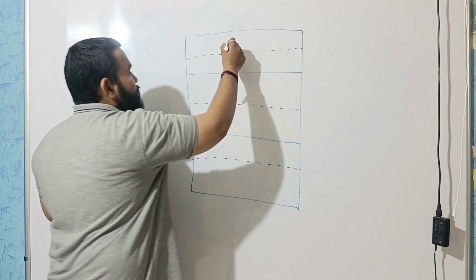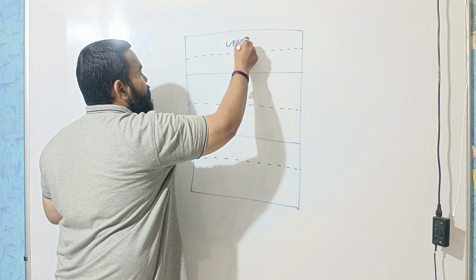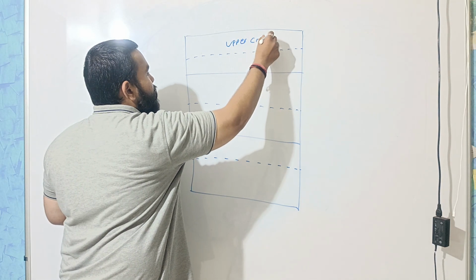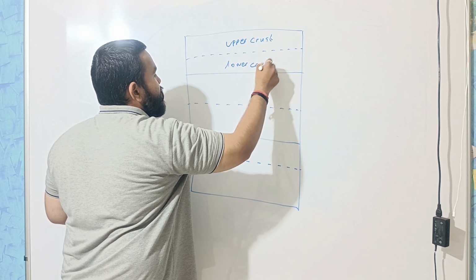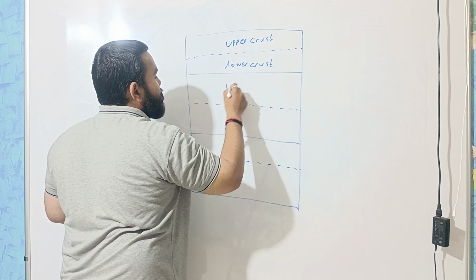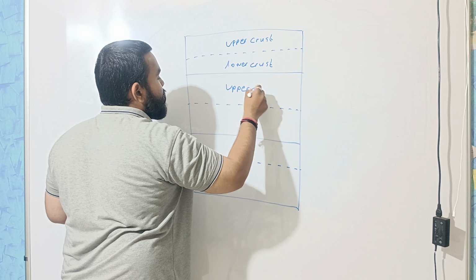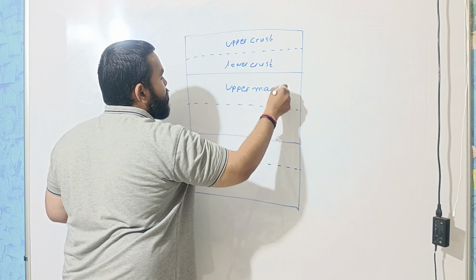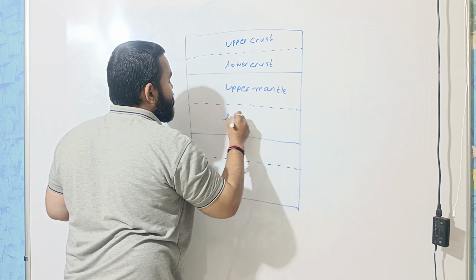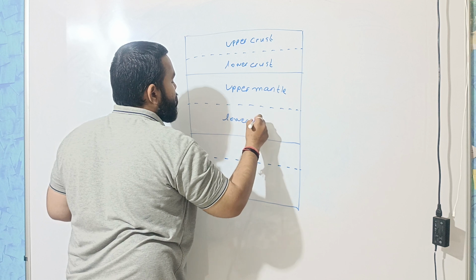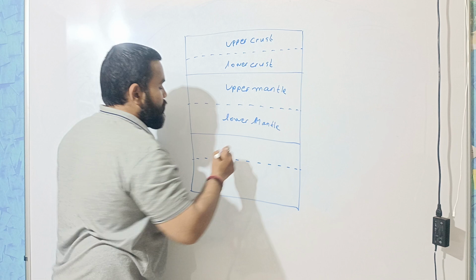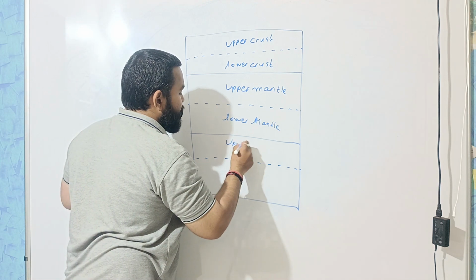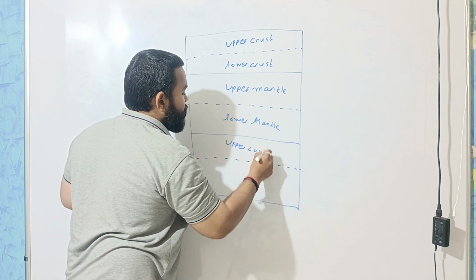So this is upper crust. This is lower crust. This is upper mantle. This is lower mantle. This is upper core.